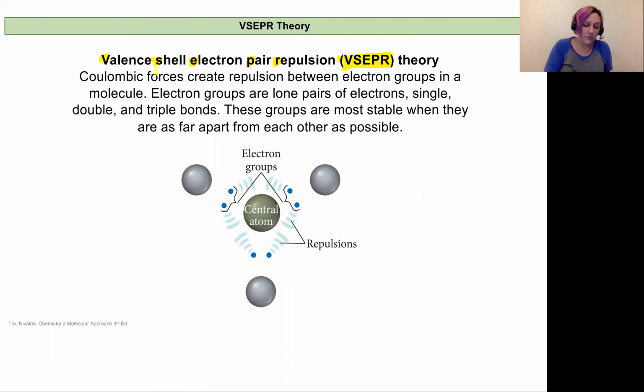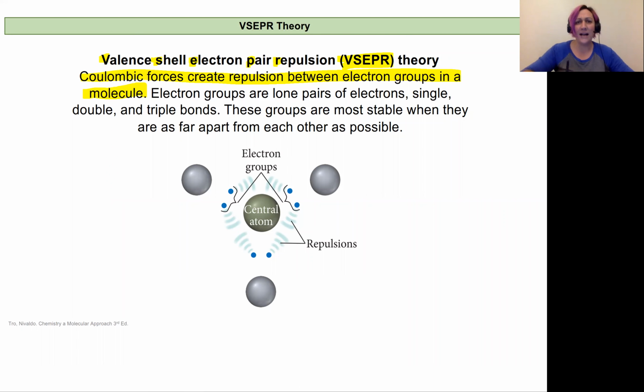That's because our electron groups are both negative. Electron groups are lone pairs of electrons or single, double, triple bonds. So bonded atoms or lone pairs. And these groups are most stable when they're as far apart from each other as possible while still being covalently bonded to some central atom.